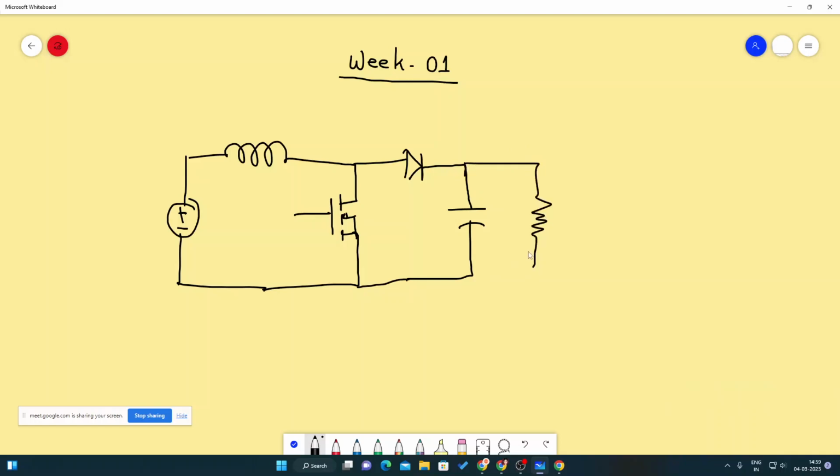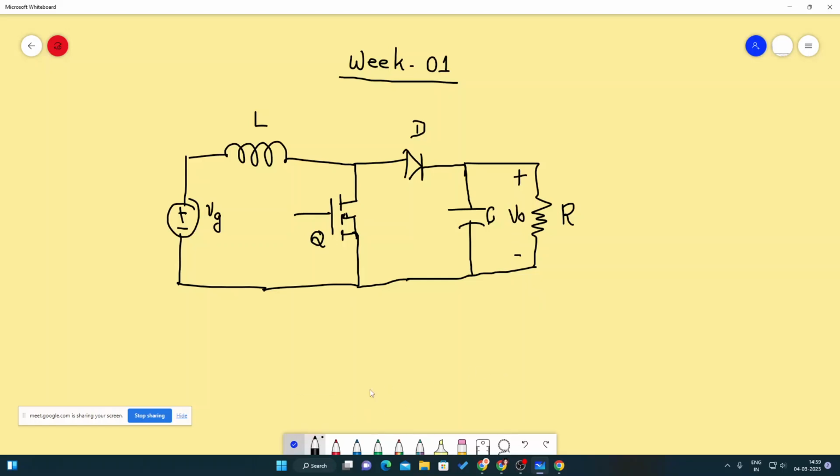Alright, so let's name this R, the resistance, this is C, the capacitor. This is the diode D, this is Q, this is the inductor L, this is VG, and this is the output voltage V out.